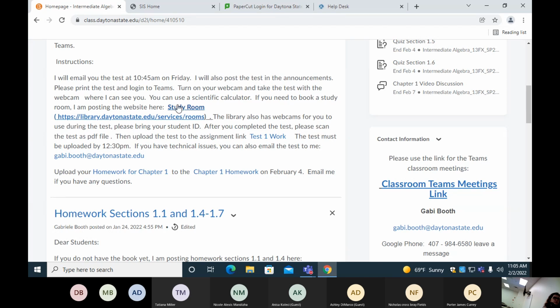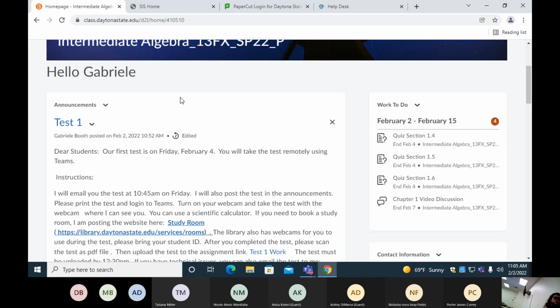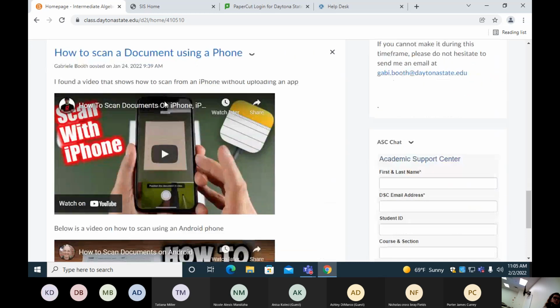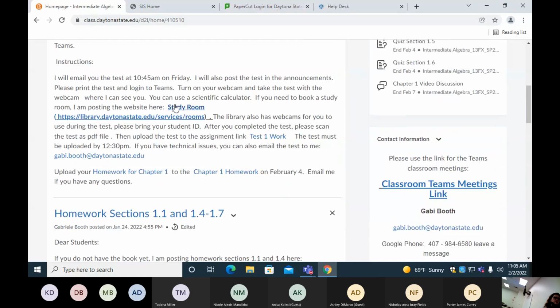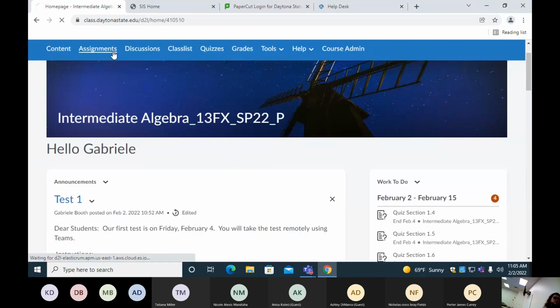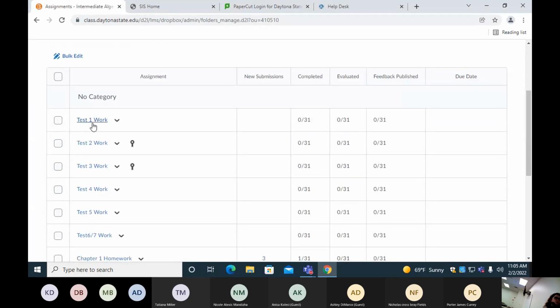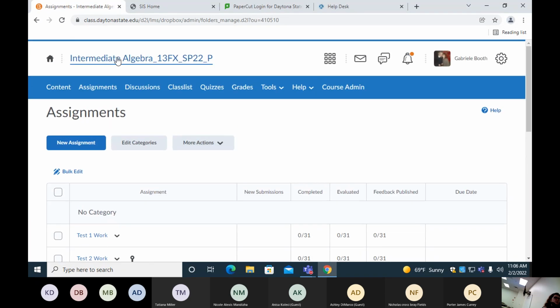Scan your completed test into one PDF file, that's why I'm leaving the videos here so you can look at that again. And then that test also goes into the assignment under test 1 work. And then I have to go in there and grade them eventually, probably the weekend.